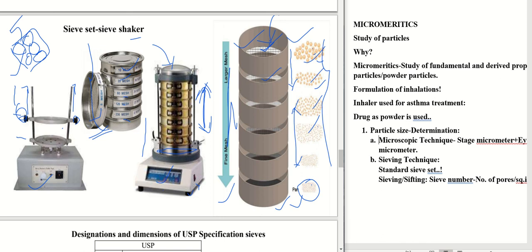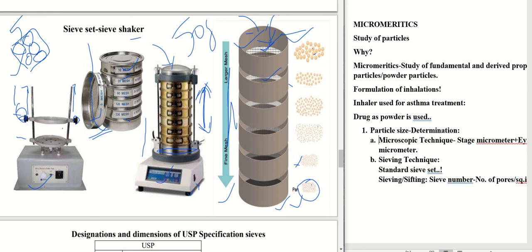So in this, we can determine both the particle size and the weight of the particles having the same particle size. Suppose we have taken 50 grams of sample here.